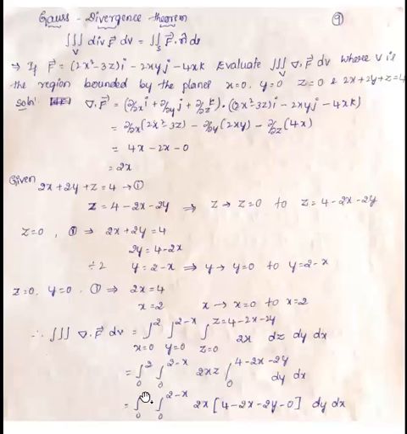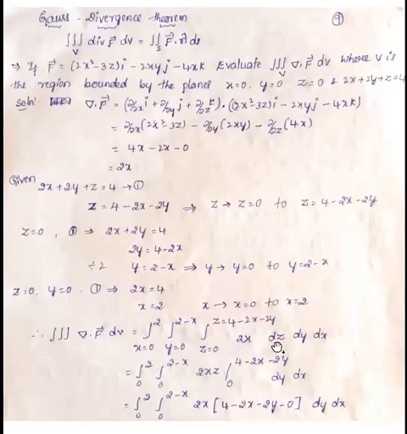Outer limit: x varies from 0 to 2. Next dy, here y varies from 0 to 2 minus x. Next one dz, z varies from 0 to 4 minus 2x minus 2y. The first integration is dz, so we are integrating with respect to z. 2x is a constant.